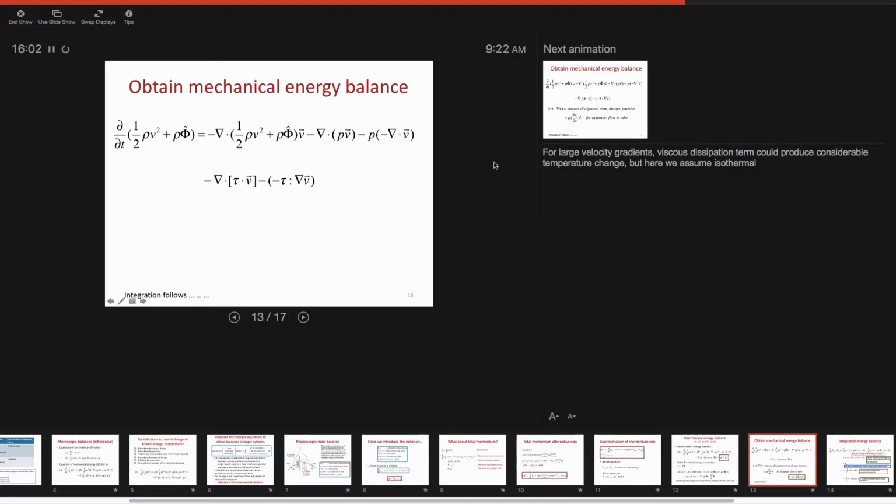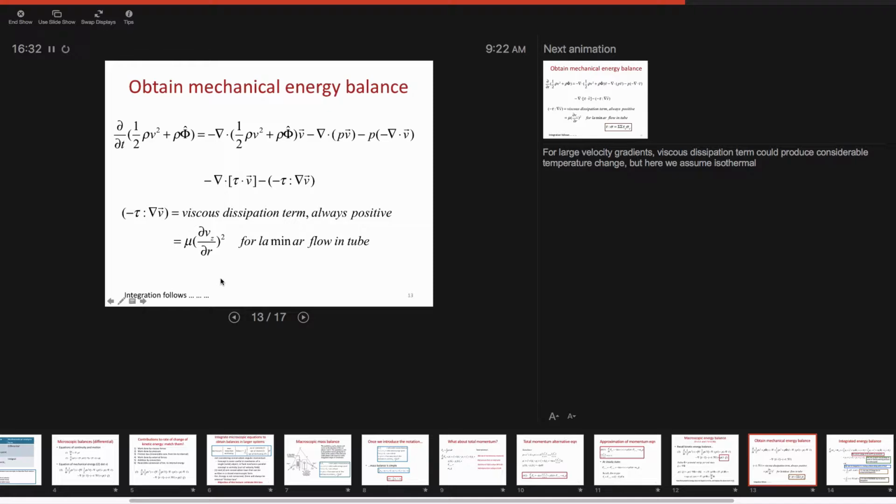So remember, this is the one that was added. Okay. So that term with gravity has now made its way to the convective term, as well as the change of the potential energy. Okay. And again, I mentioned this already.